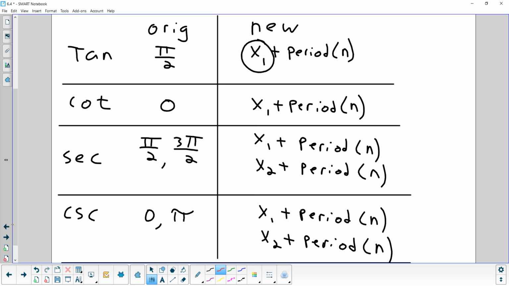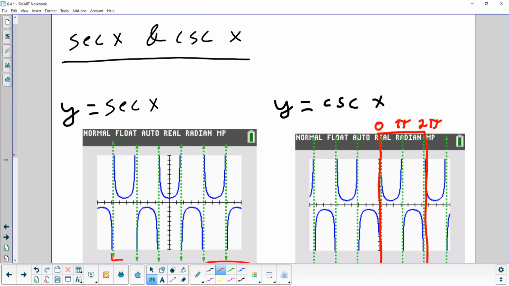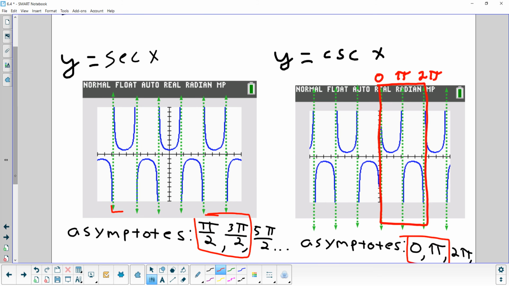If I ask you to describe the asymptotes of secant and cosecant, we generally want to set up two equations. The reason we need two, one equation will describe what's happening to, say, the left asymptote, and the other equation will describe what's happening to the middle asymptote.